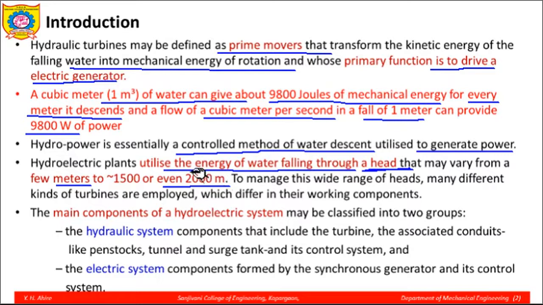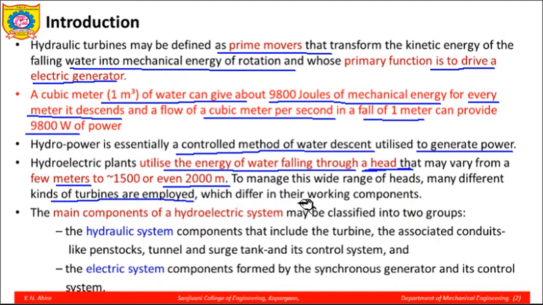So this is around 2 kilometer. Okay, this much height can be available over the surface of the earth, where the water can have this much head. To manage this wide range of heads, many different kinds of turbines are employed.